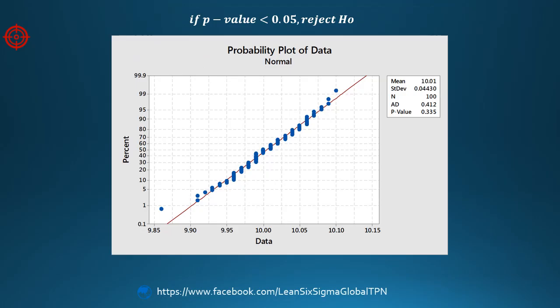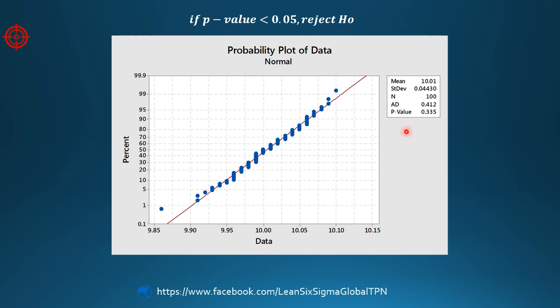Recall from Chapter 3 that we compare the p-value to alpha, which is the significance level for the test. We'll use alpha of 0.05. In other words, if our data really are from a normally distributed population, then we have a 5% chance of incorrectly concluding that the data are not from a normally distributed population.